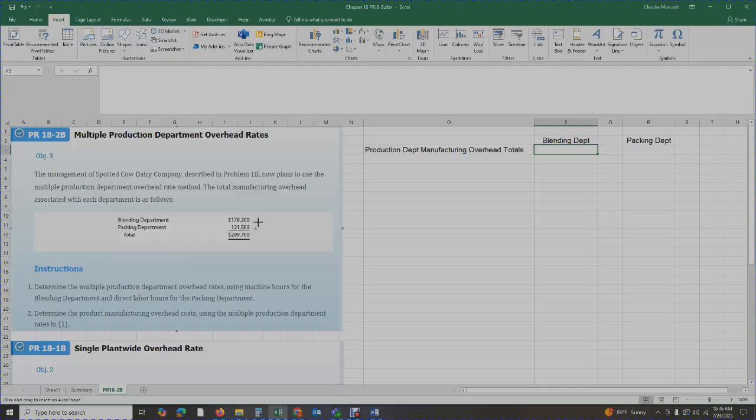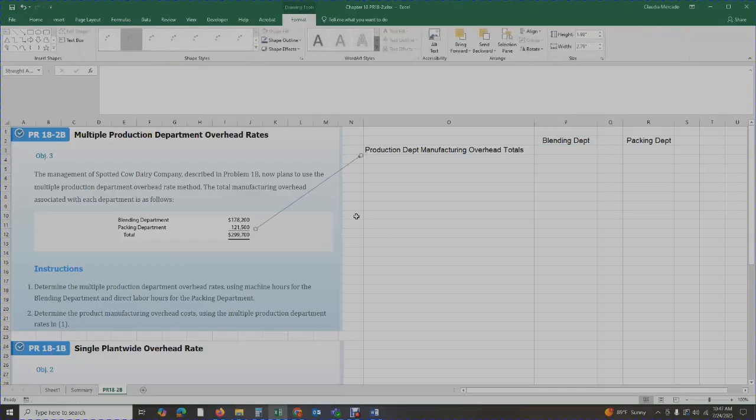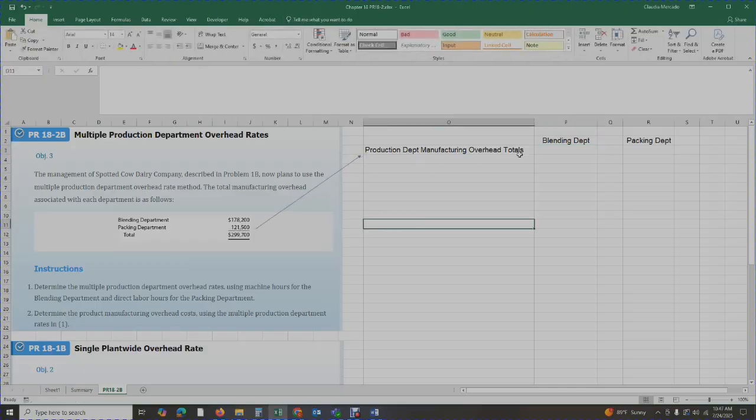We're just going to copy that data over here. So the production department manufacturing overhead totals: we are given $178,200 for the blending, and we are given $121,500 for the packing. All we did was copy and paste that information over. That is our production department manufacturing overhead totals.